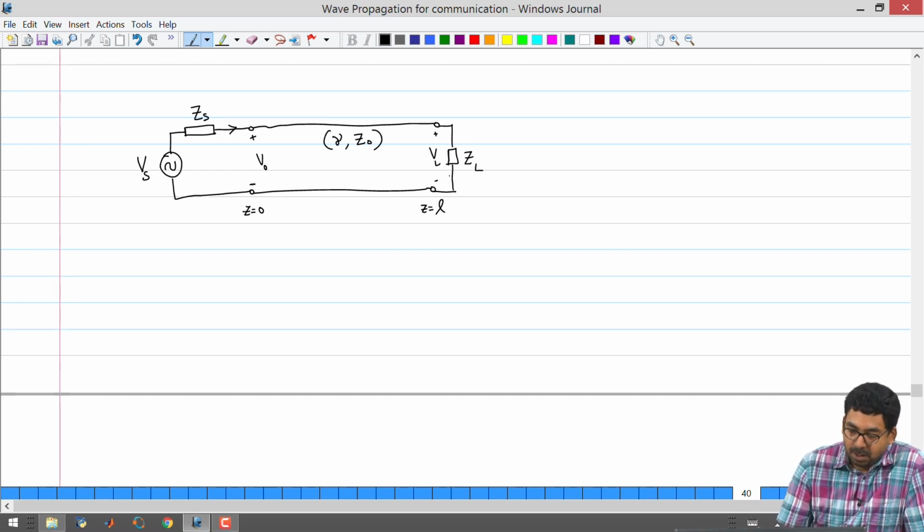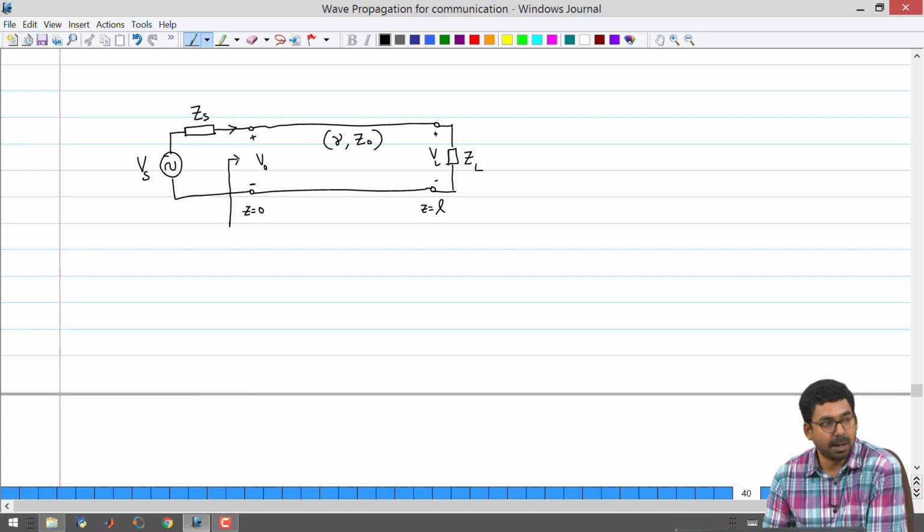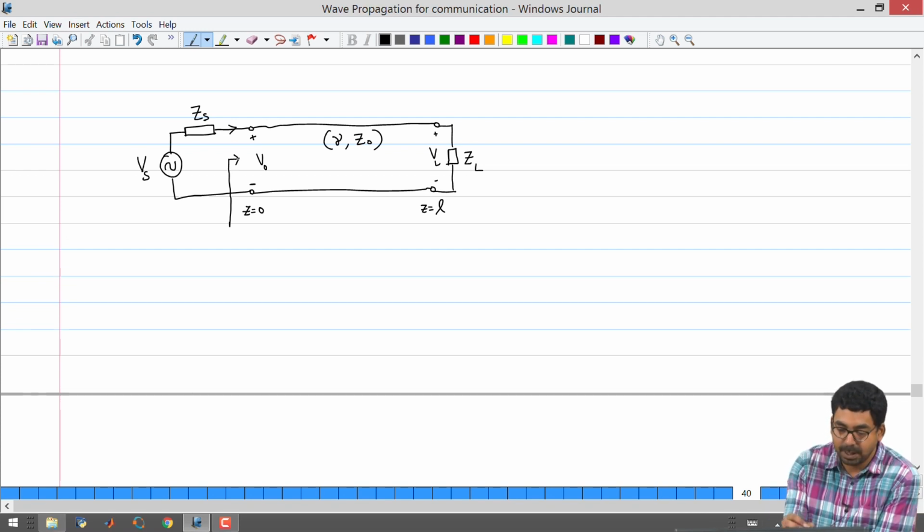On top of that, to be a little bit more precise, you can also say that while you are looking into the transmission line from the source side, the impedance that you will measure is Z in.